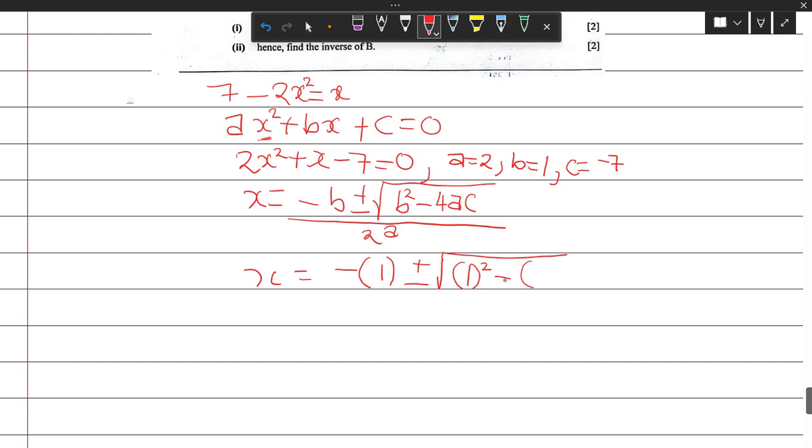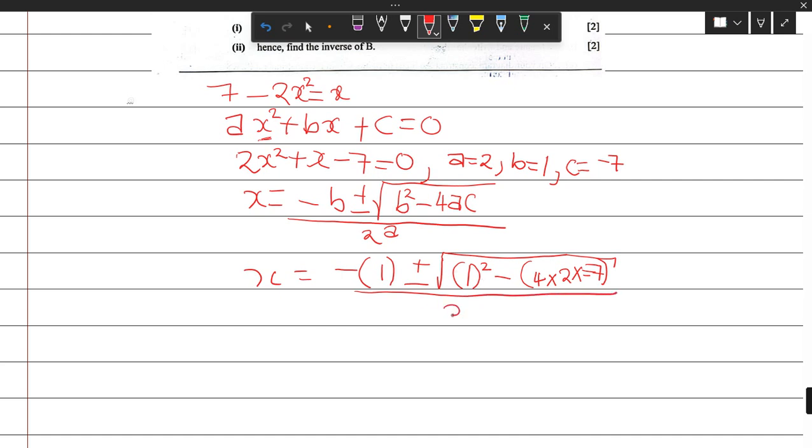So now we write, 4 multiplied by a. What is a? A is 2, multiplied by c. What is c? Negative 7. So this is negative 7, and we close the bracket here.